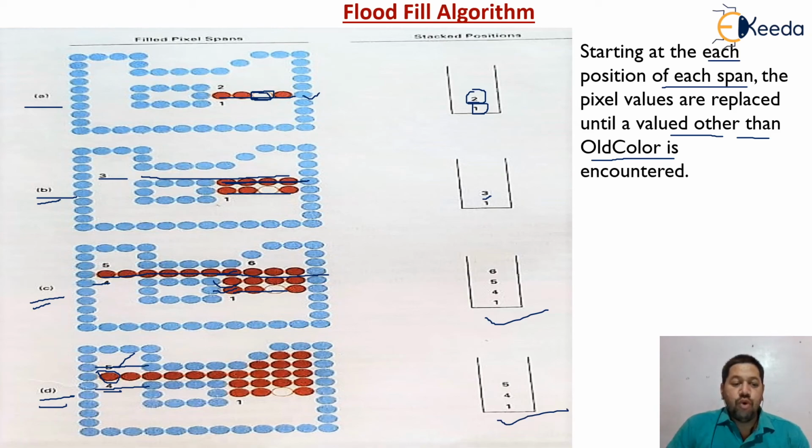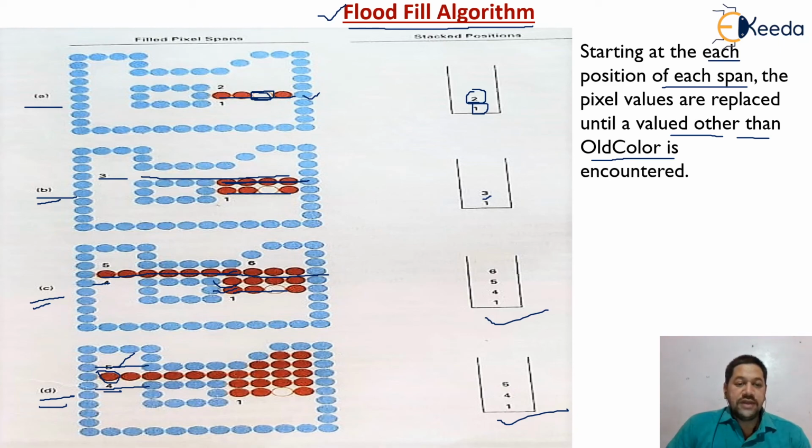And that is what we can say is the complete modified version of the flood fill algorithm. So we have modified the flood fill algorithm by considering the scan line approach, or rather a horizontal span approach.